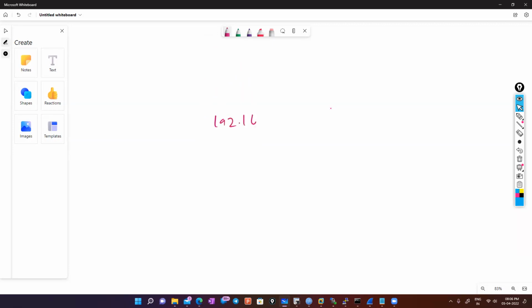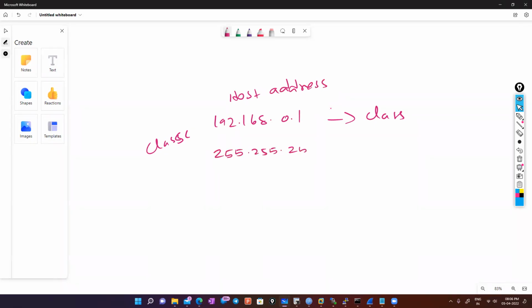Example, 192.168.0.1. And I said this 192 range is class C. I have assigned this IP address, your host address. And then followed by subnet mask. Example. And then gateway. Maybe a gateway example in the same range. The gateway should always be in the same range, right?